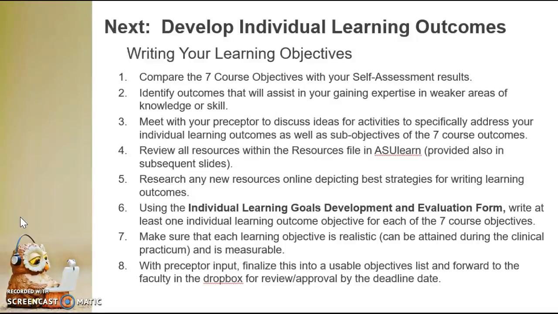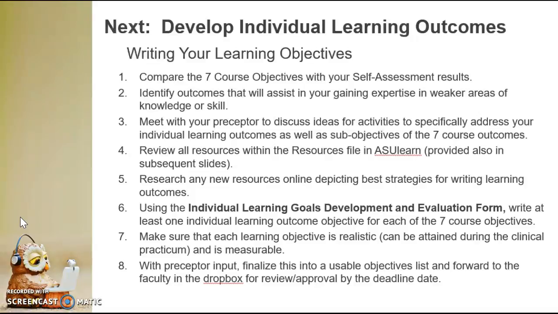You may want to actually show them the individual learning goals development and evaluation form, because they're going to have to be familiar with that to evaluate you at the end anyway. So have them look at that with you and your self-assessment, and they may be able to identify specific activities that are unique to that clinical practice setting that will fit right in with helping you gain knowledge in that setting.